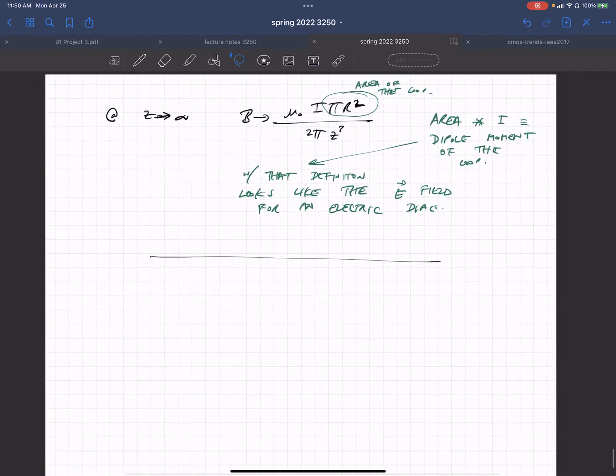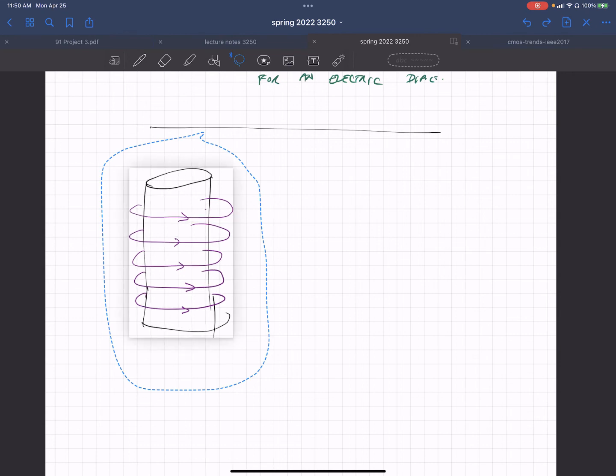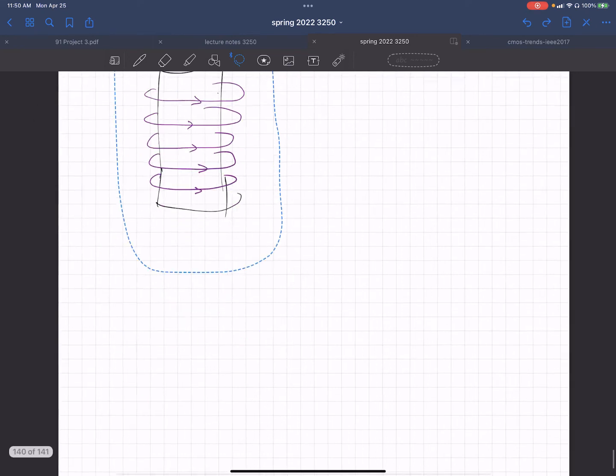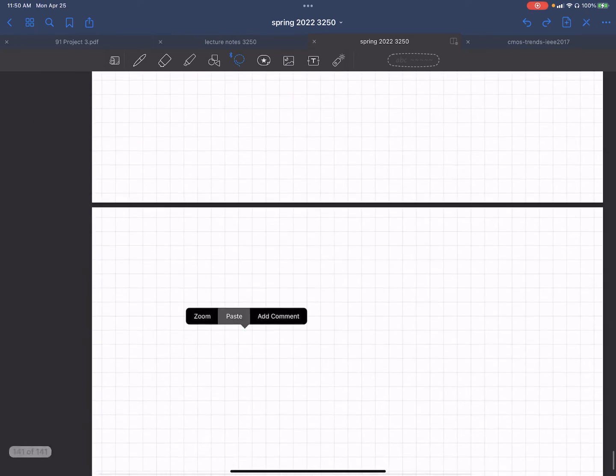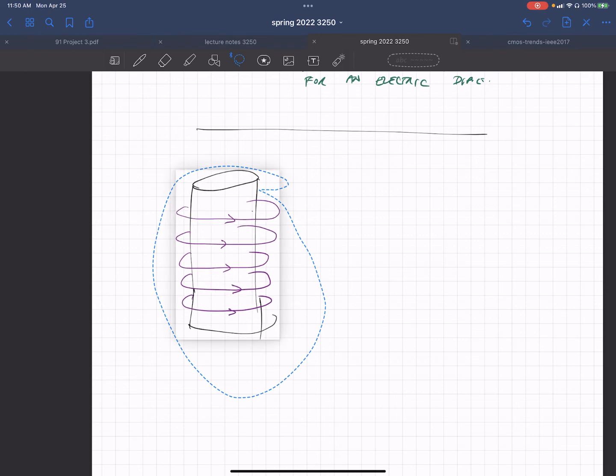Let me just be lazy. Copy. Okay. It would have been easier just to redraw it.